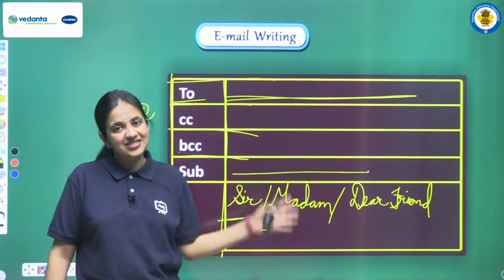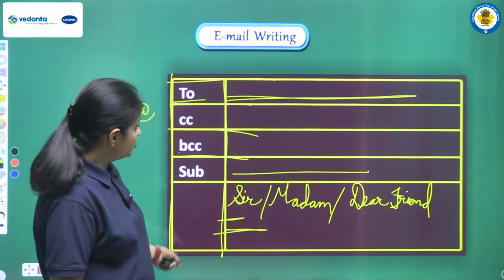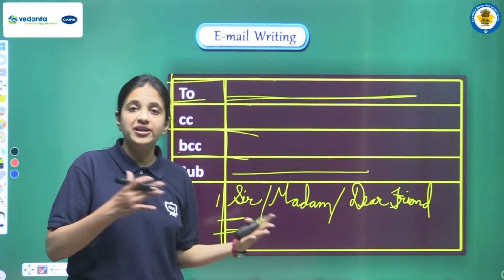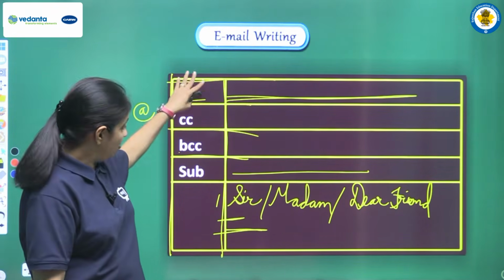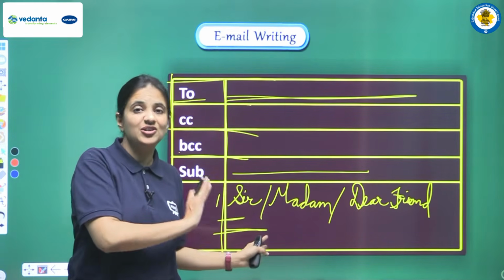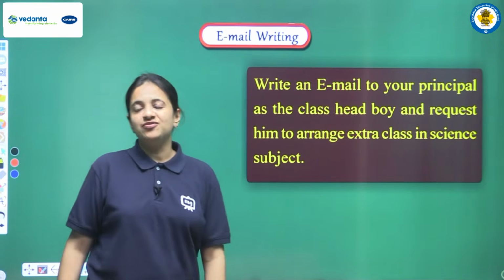Okay, so this is the structure of the email. I hope it is clear to you all. And yes, you have to draw the same lines, the similar structure in your copy with the help of one ruler only. Okay, and then you have to make these columns and you have to write your email in this structure only. Clear? Now let's see some of the examples.